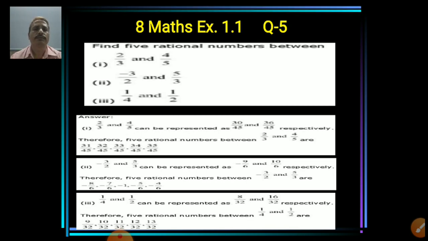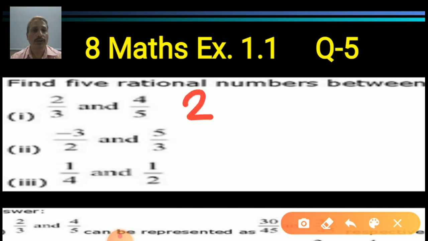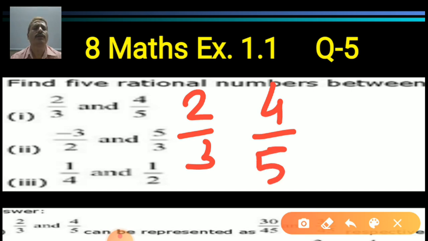Okay, now move to question number 5. Question number 5 is asking us to find the rational number between, 1, 2 and 3 questions are there. We can solve one by one. 5 rational numbers they ask for. Read the question carefully. 5 only. I am having the first question, 2 upon 3 and 4 upon 5, sorry. 2 numbers I am having.